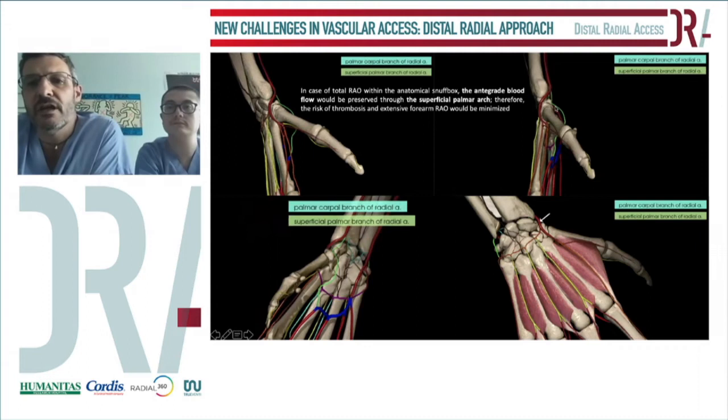The origin of the branch that supplies the superficial palmar branch is proximal to the snuff box. And even in case of distal access, this is the puncture site in the snuff box, and this is the distal site for the puncture of the distal radial access. So in this case, we can maintain the flow to the hand also in case of occlusion of the distal radial artery.